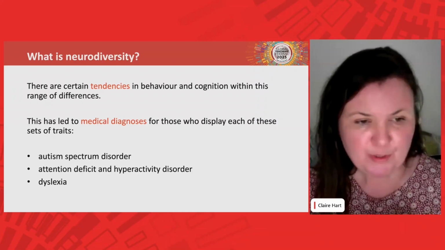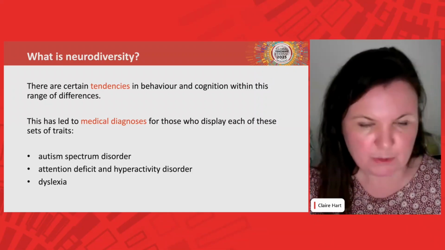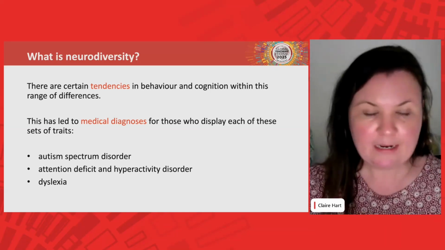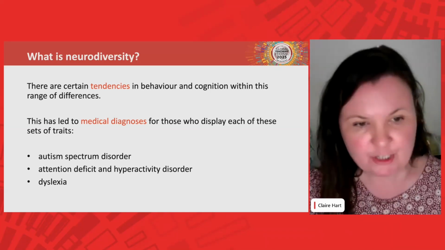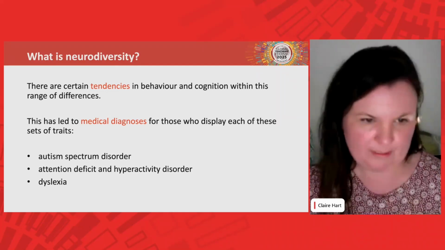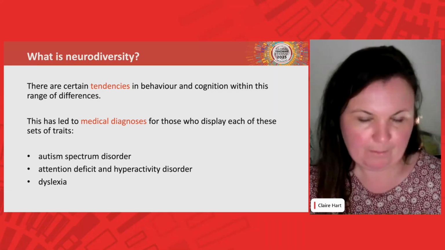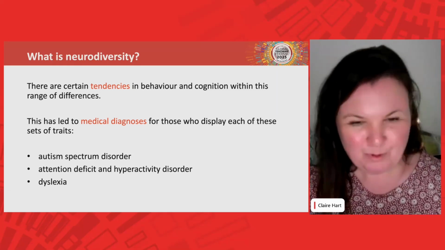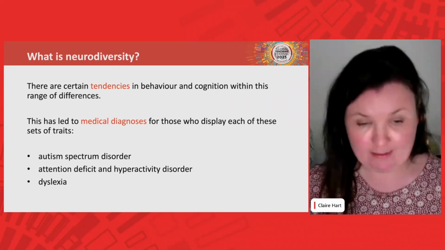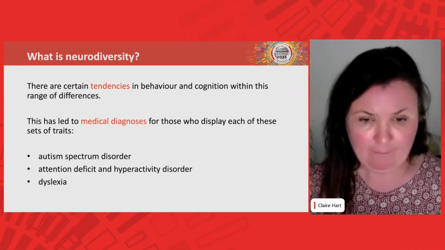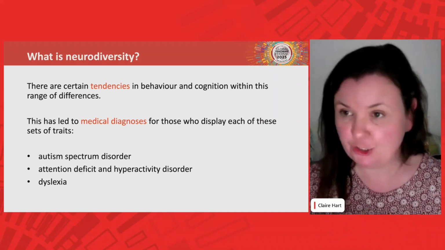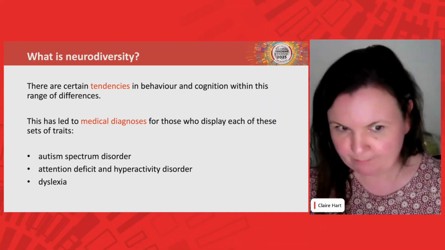It's worth pointing out that autism spectrum disorder is the medical diagnosis. When we're talking about it generally, we prefer to use the term autism, just autism. And of course, words like disorder obviously have a very negative meaning, so many people prefer to replace disorder with condition, which is more neutral.